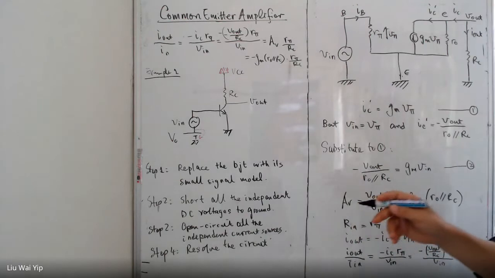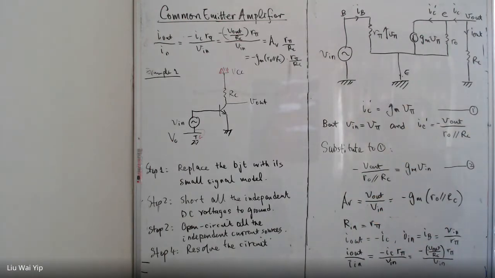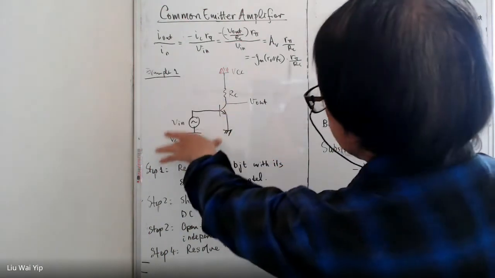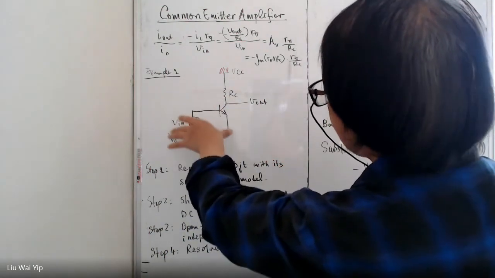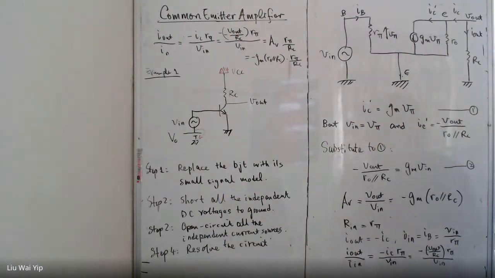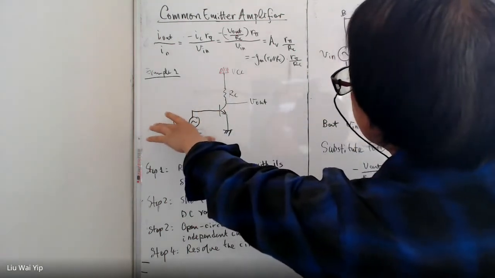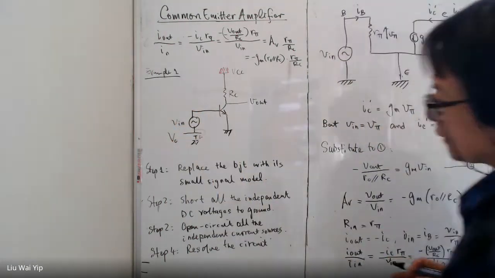For the current case, this is the expression that we expect to get. Now, the problem is, in real life, the common emitter amplifier is not going to be that simple. One of the reasons is this common emitter amplifier has a lot of drawbacks.